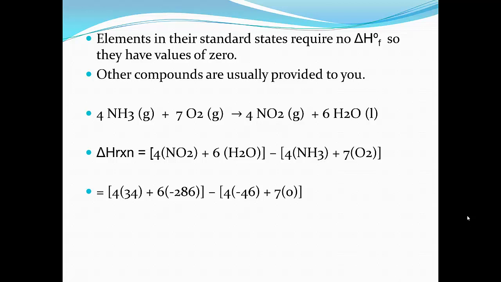From my source, I have 34 kilojoules per mole for my NO2, so that's 4 times 34, plus 6 times negative 286, and then minus 4 times negative 46, plus 7 times 0. The 0 again, because oxygen gas is in its normal state, so it's going to be given a delta H of formation of 0. Do all your math and you end up with negative 1396 kilojoules, which indicates that this is an exothermic reaction.